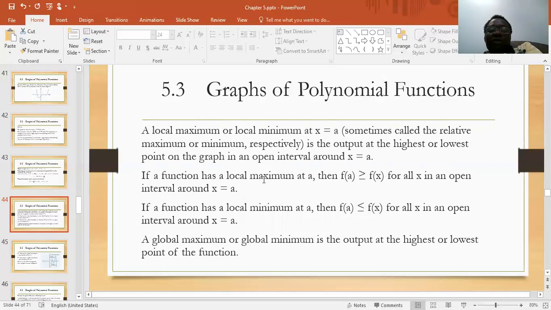If a function has a local maximum at a, then f of a is greater than or equal to f of x for all x in an open interval around a. And a local minimum at a means that f of a is less than or equal to f of x for all x in an open interval around a. A global maximum or global minimum is the output of the highest or lowest point of the function.